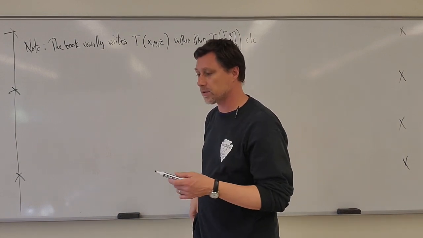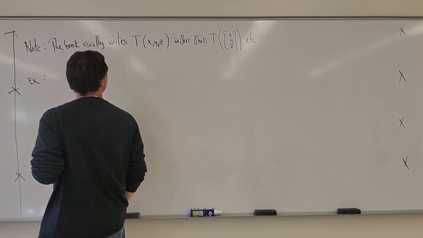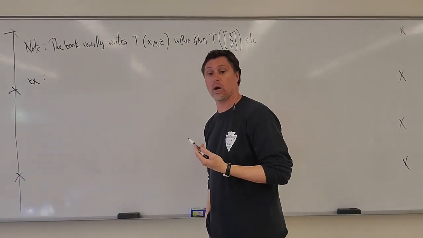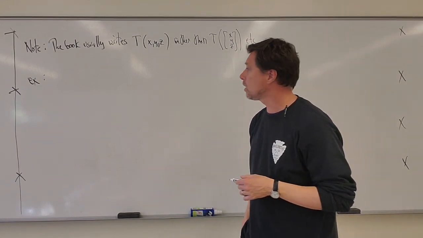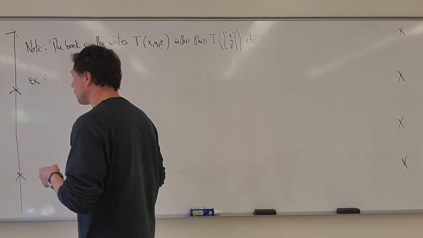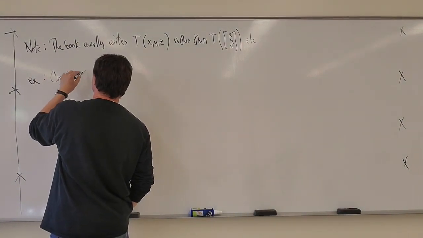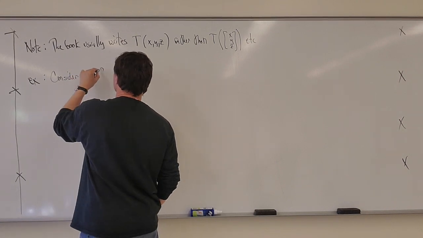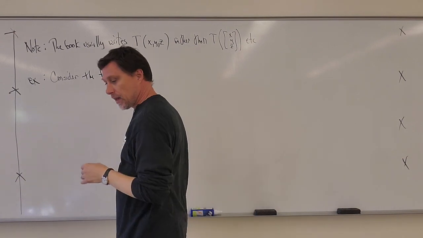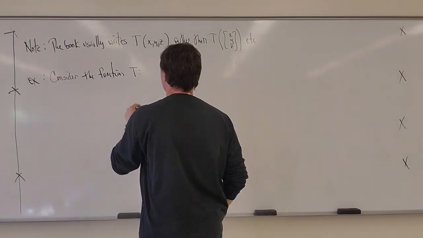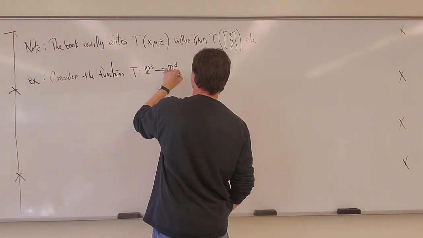Okay, so now some examples. Since I've got lots of space because I'm writing on a board, I'm always going to use the column vector notation, right? Rn, Rm, those are collections of column vectors. So, first example, let's consider the function capital T, and we're going to go from R3 to R4, given by.